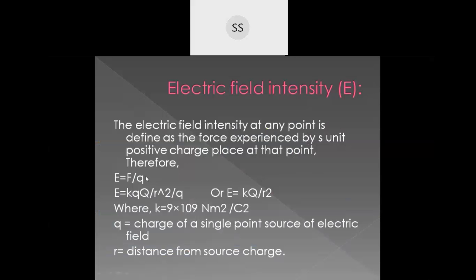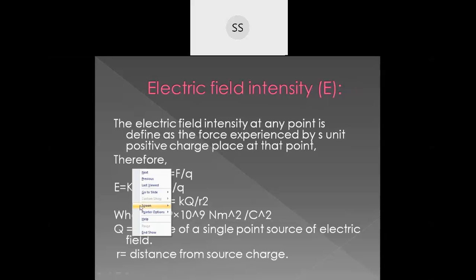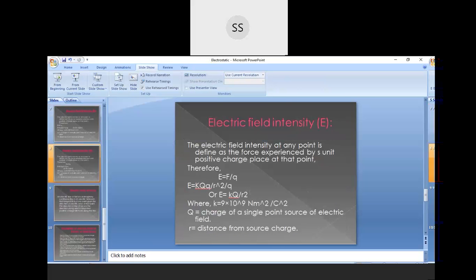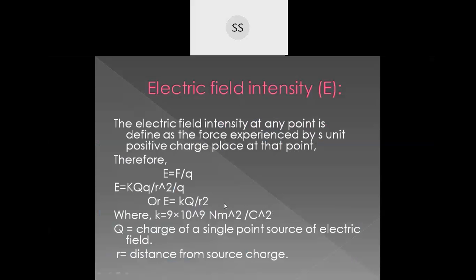So electric field intensity can be defined by two formulas. One is F divided by q, where q is the unit positive charge, and the other is kQ divided by r square, where capital Q is the source charge and small q is the test charge.